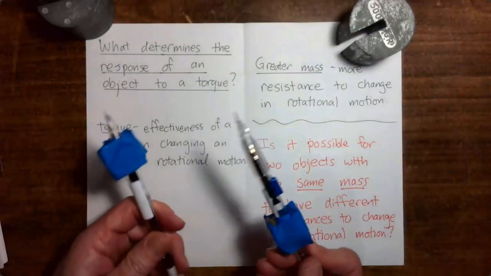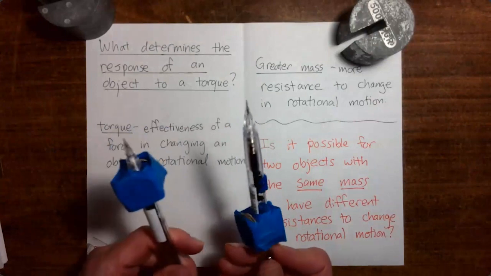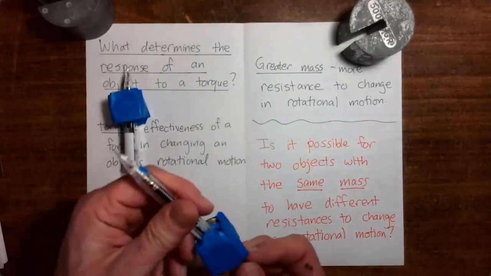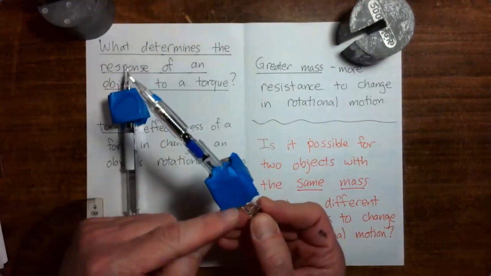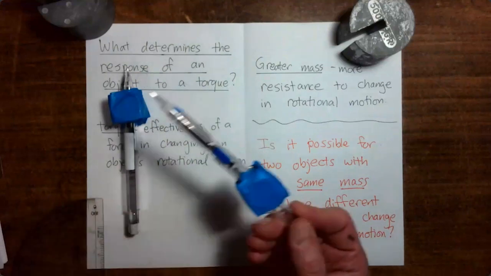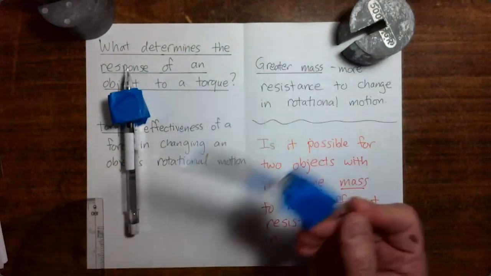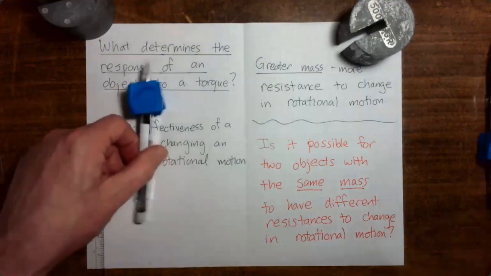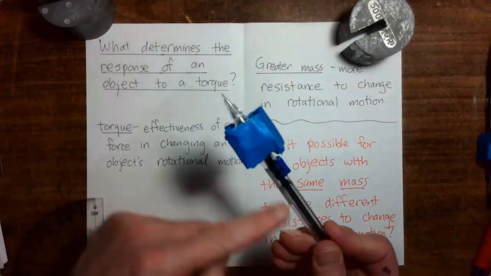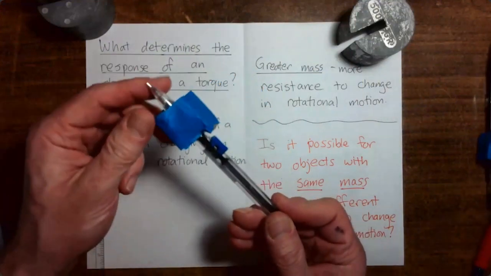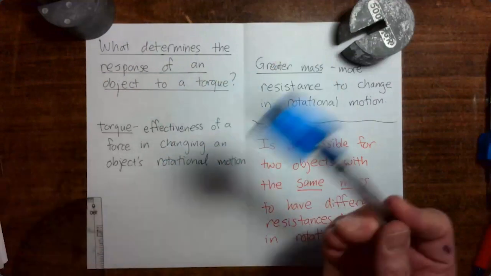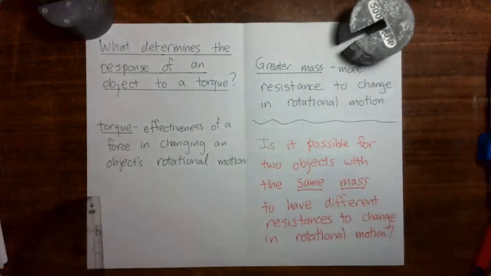So to sum up here, I have two objects with identical masses, but when the distribution of the mass is closer to the center of rotation, it is much easier to change the rotational motion. When the distribution of the mass is further from the center of rotation, it is much more difficult to change the rotational motion.